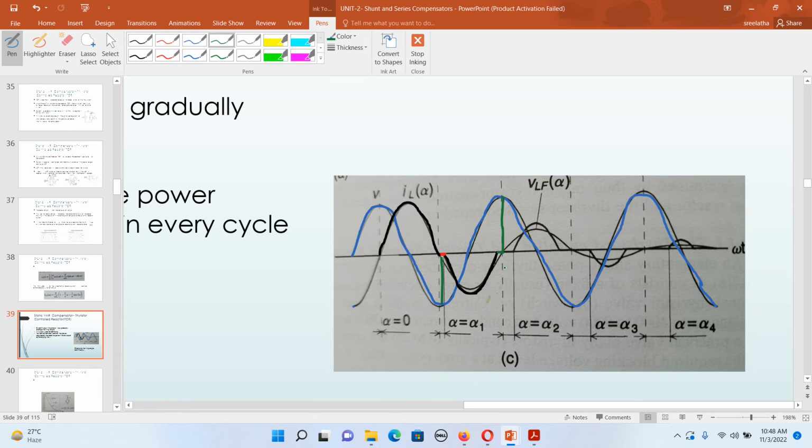You can just directly turn on and turn off like that. There is something like a turn off angle also, so that is the angle here. Okay, and then we have here some firing angle, and then again the same thing goes. So now our alpha is equal to alpha 2, so the current became much less.